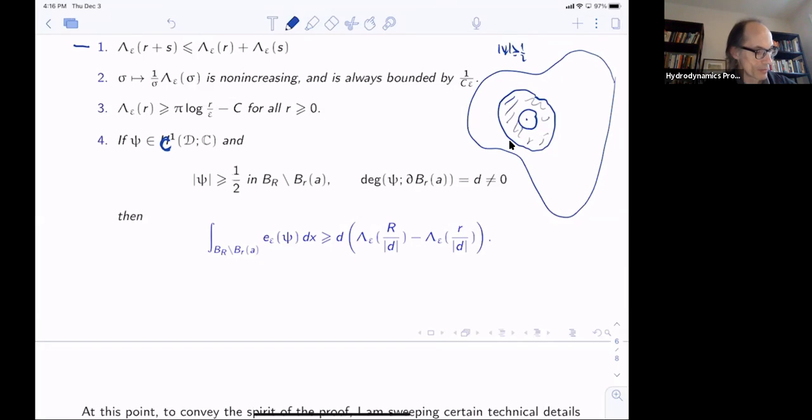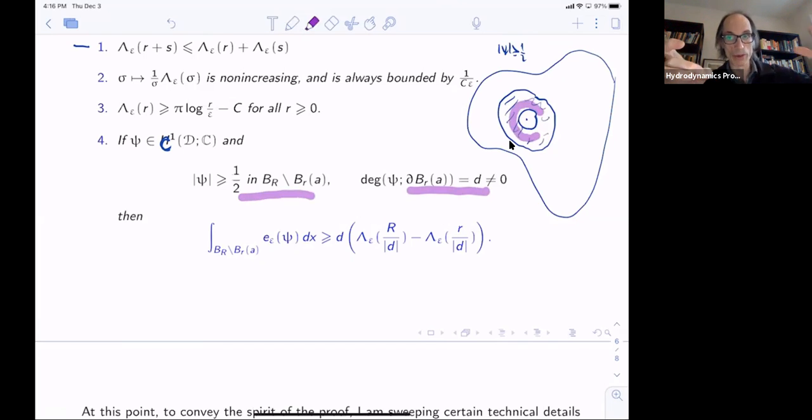I also assume that the degree, the winding number of the phase on the inner ball, is some non-zero number d. Then the winding number can't change in this annulus where the modulus is bounded away from zero. So under these hypotheses, the winding number on every radius between little r and capital R will be the same number d.